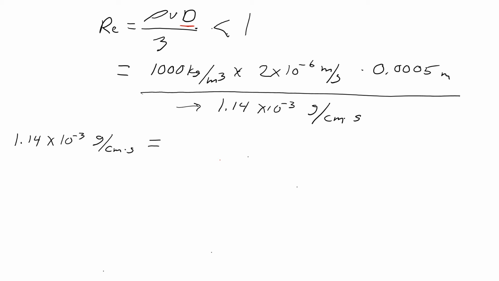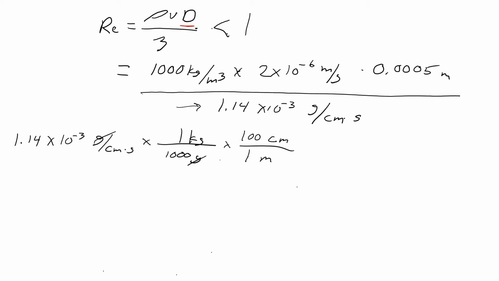So if we start with 1.14 times 10 to the minus 3, let's get rid of our grams. We know that there's 1,000 grams in 1 kilogram. Okay, so we now have grams taken care of. We now want to get rid of centimeters and change it to meters. We know there's 100 centimeters in 1 meter.